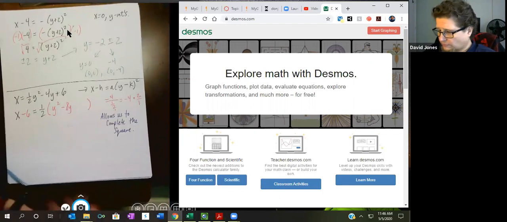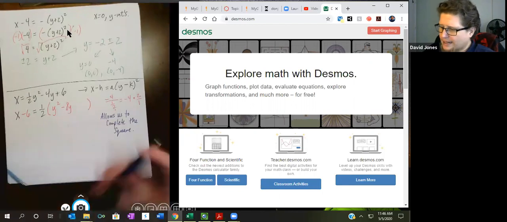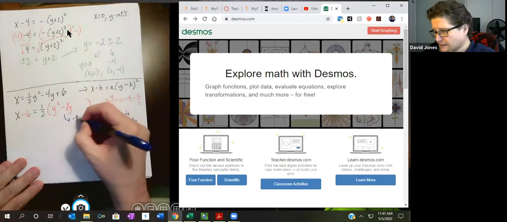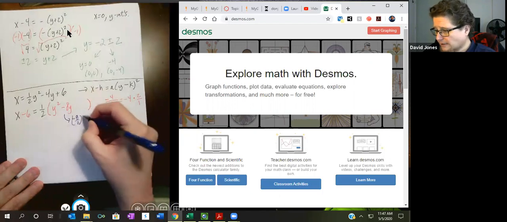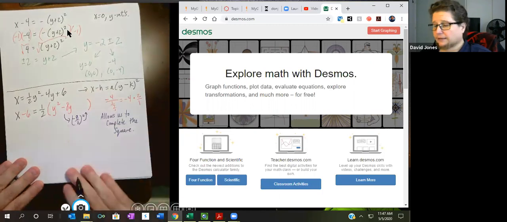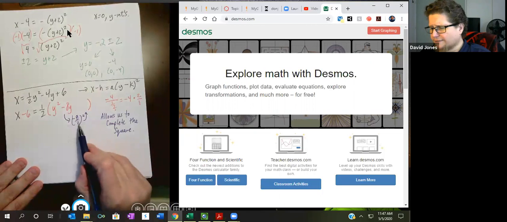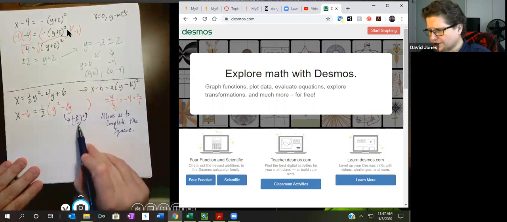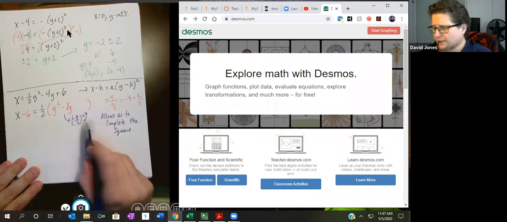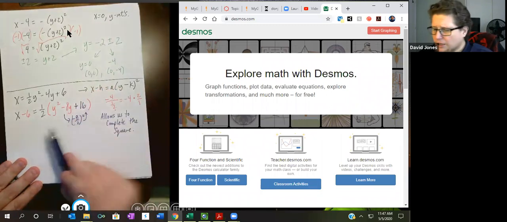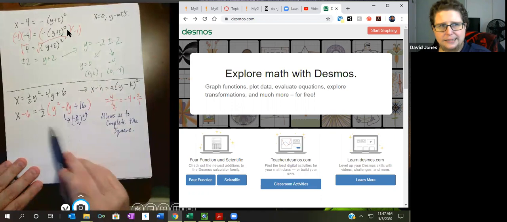So what do we do? We take this, divide it by 2, and square it and put that back in. -8 divided by 2 is -4, and -4 squared is 16. How much have I actually added to the right side?